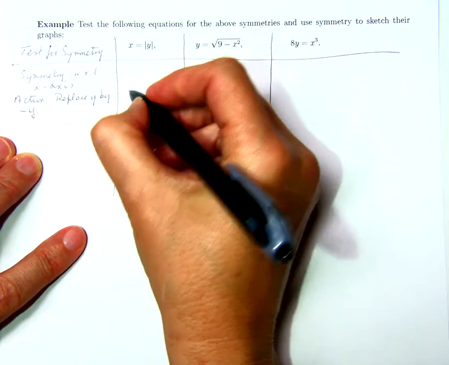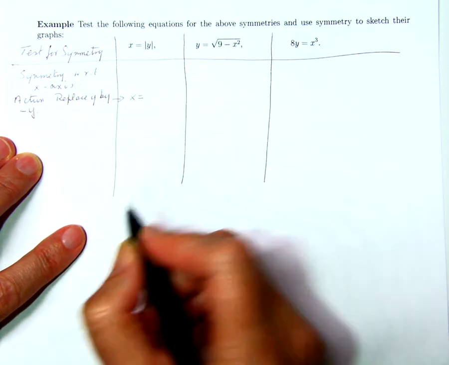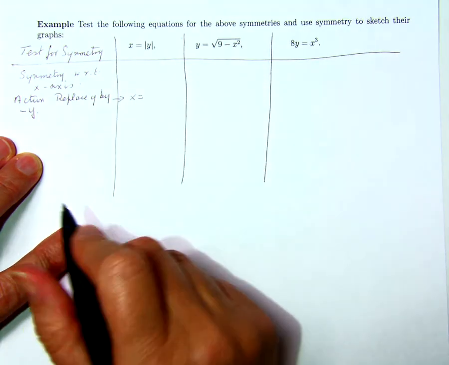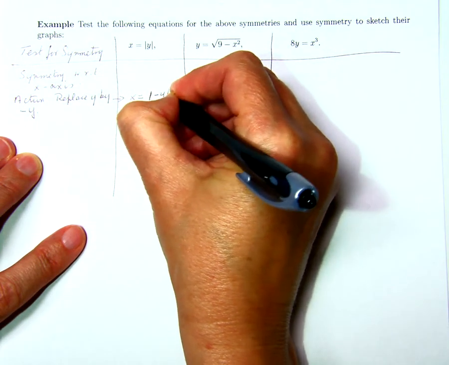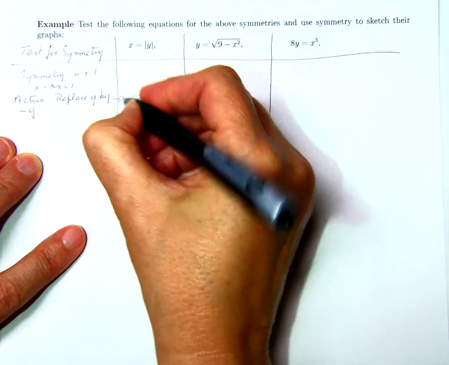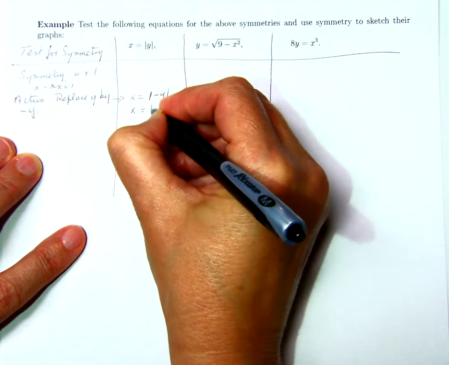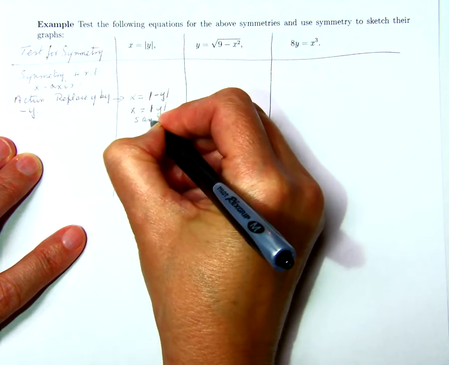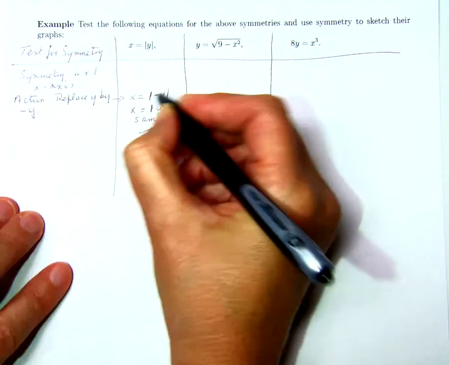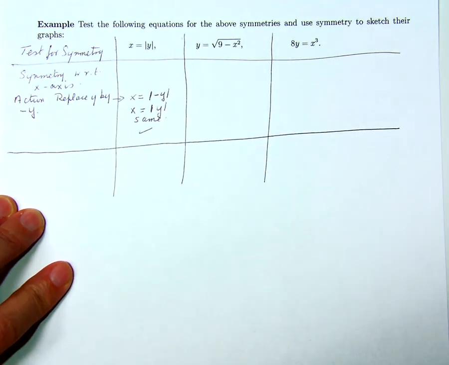So what happens when I replace y by negative y here, for x equals the absolute value of y, I get x equals the absolute value of negative y. Now this is actually the same equation, because the absolute value of negative y is the same as the absolute value of y. So that's the same. So I have symmetry with respect to the x-axis for the graph of this equation.